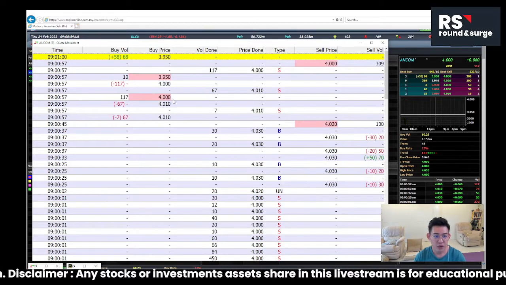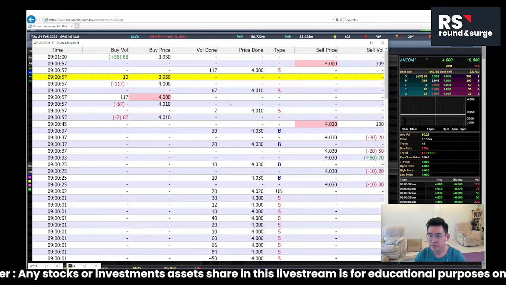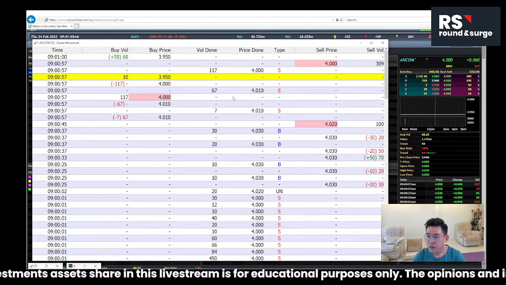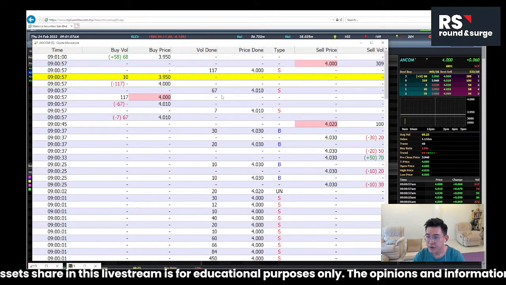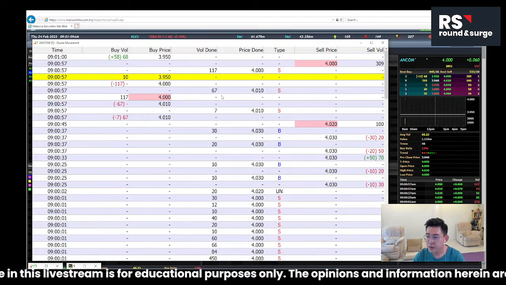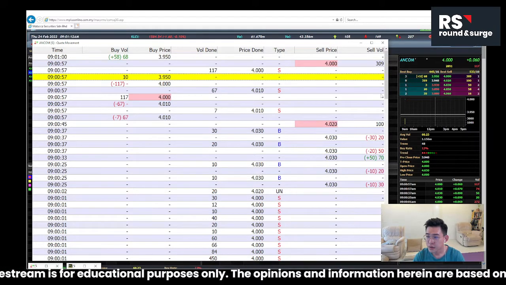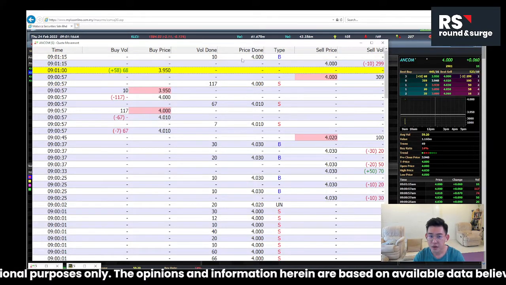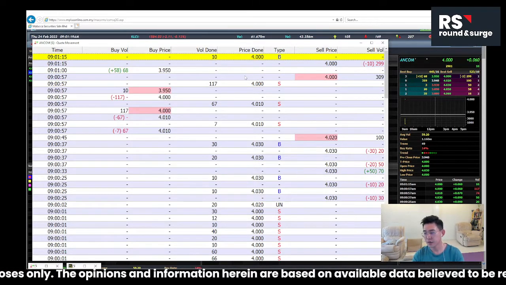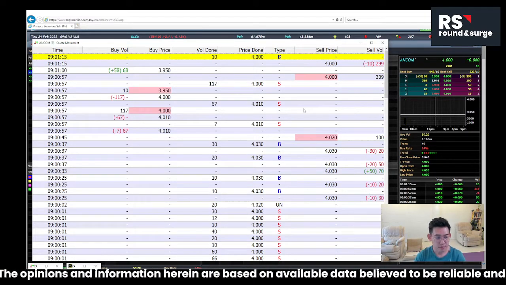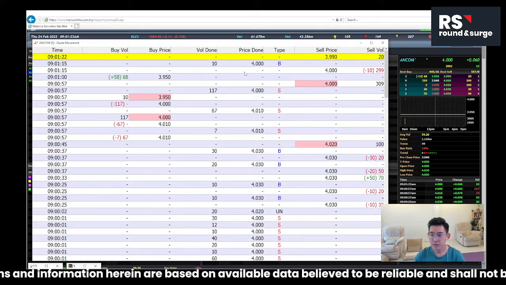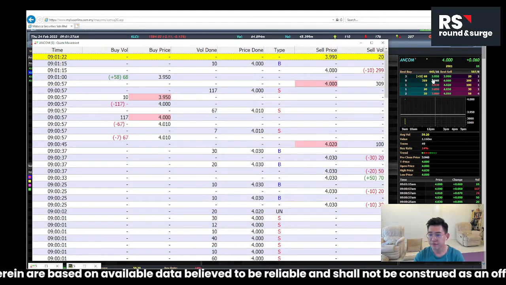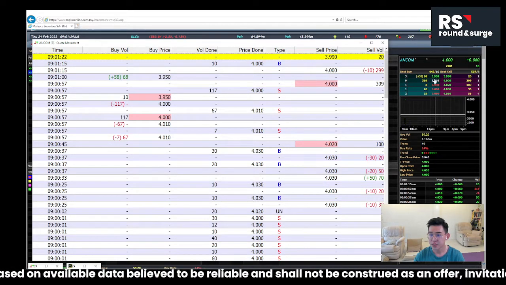There's a bit of a throwdown at 4 ringgit. From here we have to take a look into it. 4 ringgit 49395, then take one at 4 ringgit. 399, about 395, is a huge gap over here.